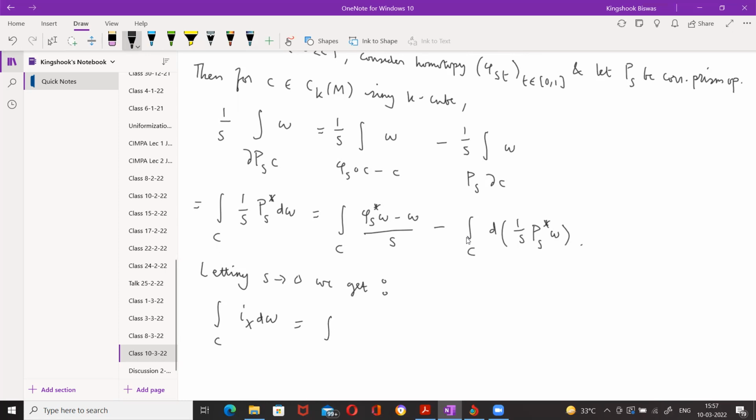So this will become the integral over c of L_X omega, right? And then inside this 1 by s P_s star omega converges to i_X omega, and that convergence is in the C^1 topology actually. So therefore d of this will converge to d of i_X omega. So this will become minus the integral over c of d of i_X omega, right? And this is true for all singular k-cubes c.